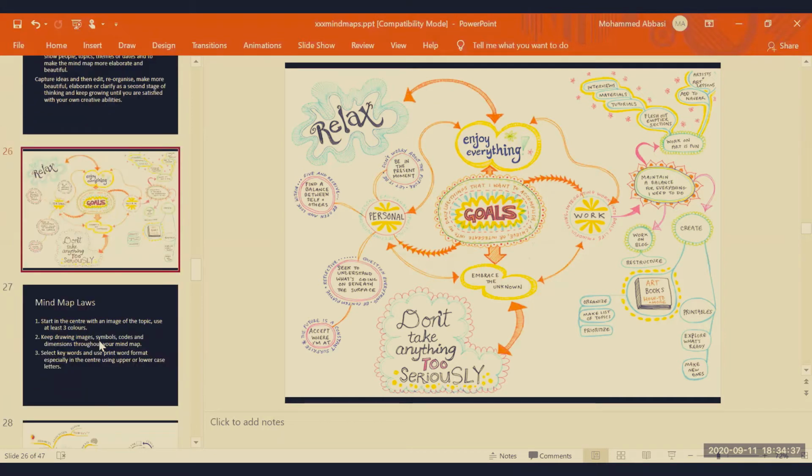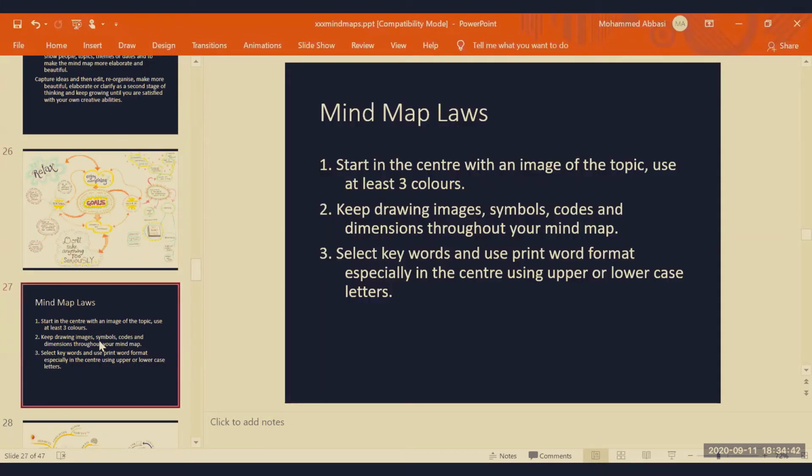So you start in the center with an image of the topic. You use at least three different colors. You keep drawing images, symbols, codes, dimensions throughout your mind map. You select keywords and print those words, in print format, in the center using uppercase or lowercase letters.